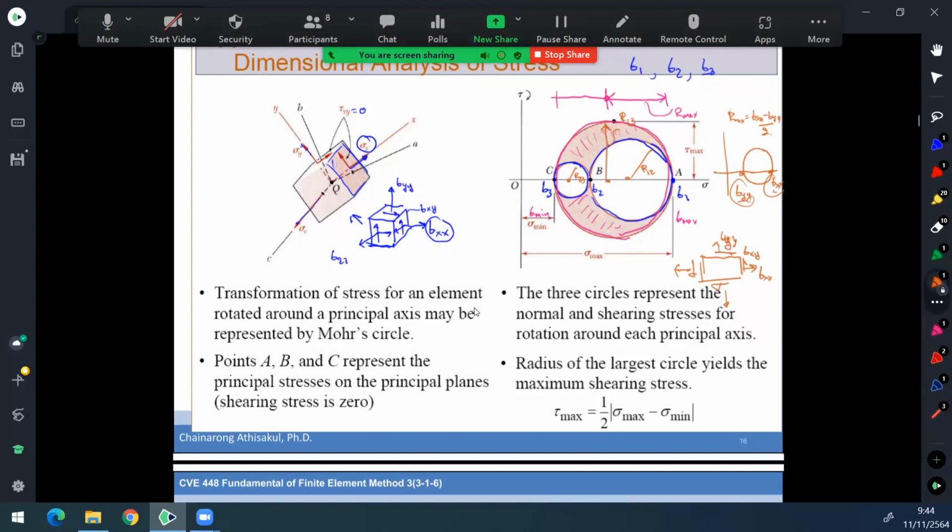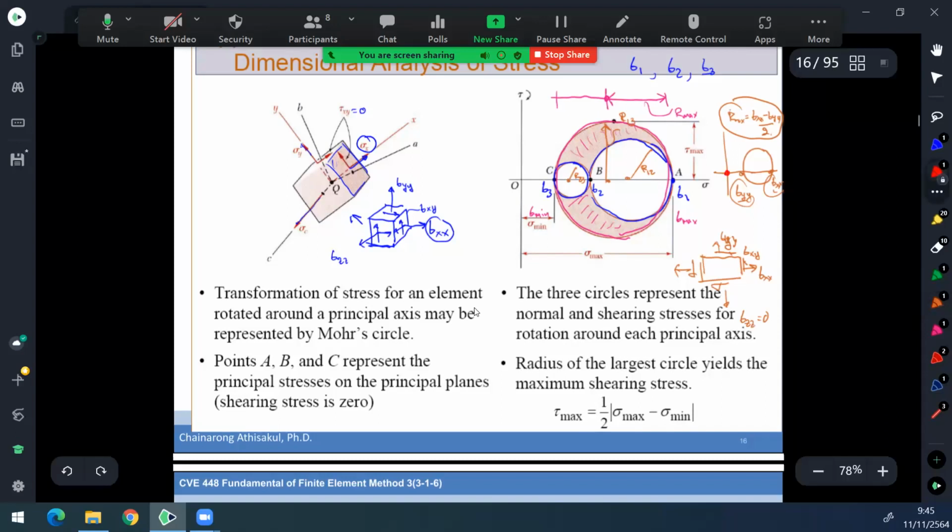But you may forget something: this is not the absolute value of shear stress, because if this state of stress is not subject to out-of-plane force, it means that sigma zz becomes 0, right? So what does it mean? It means that you have another point over here. If we focus on the YZ plane, we have this circle, and if we focus on the XZ plane, we have the big one.